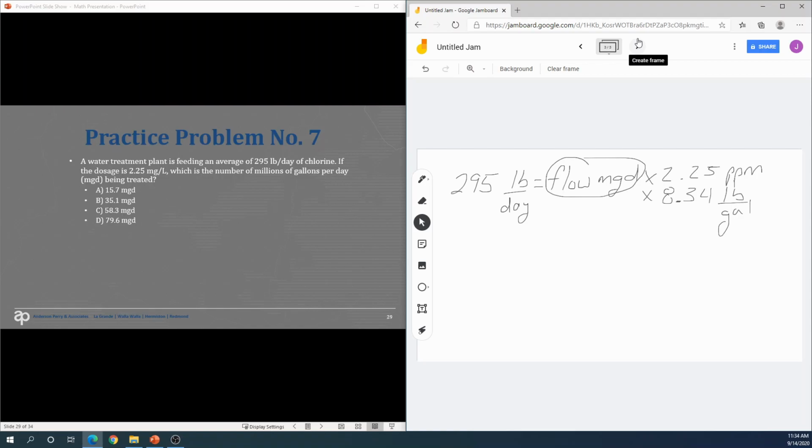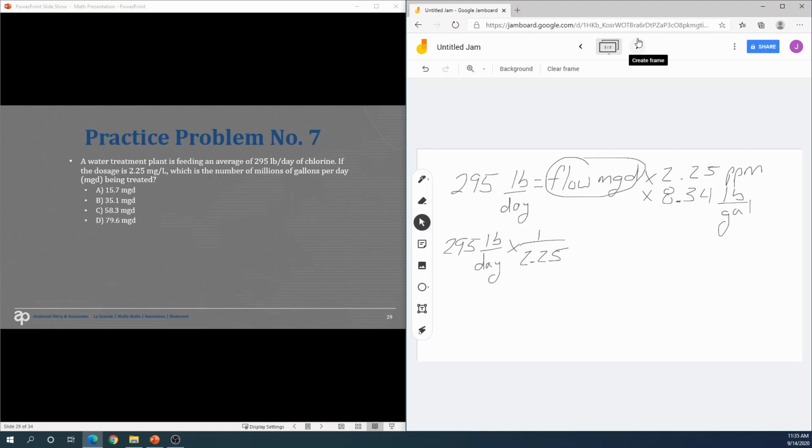So what this will look like then is 295 pounds per day times 1 over our 2.25 parts per million. So again, I'm doing times 1 over 2.25 because I'm actually dividing by the 2.25.